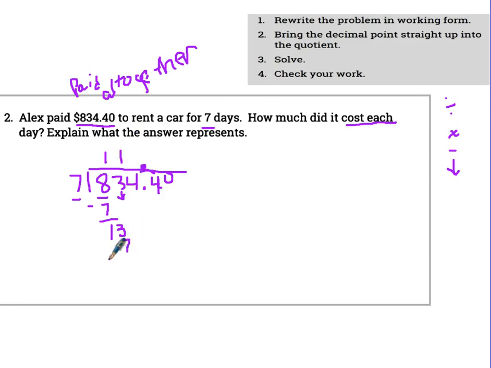Again, multiply back, 7, subtract 6, bring down the 4. Now I'm going to look at 7 goes into 64. How many times? That's going to be 9 times. 9 times 7 is 63. Subtract 1. Bring down the 4.